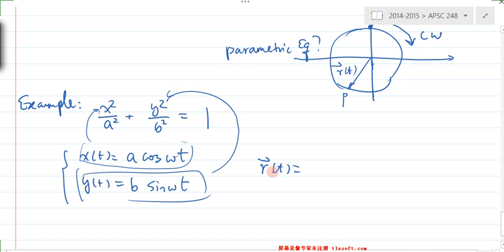So the position vector comes from these coordinates, and that basically means a cosine omega t i hat plus b sine omega t j hat, right? This is the trajectory, or what we'll later call the vector function. Vector function. Okay?